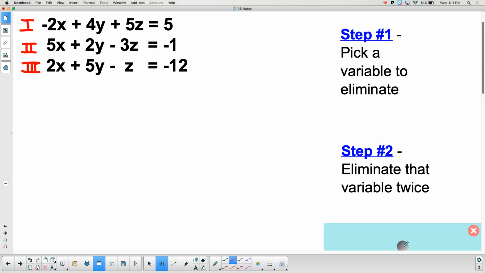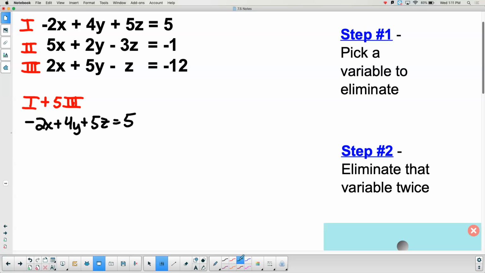So if we eliminate Z, then I would say we would take equation number 1 plus 5 times equation number 3. If I take equation number 1, that is negative 2x plus 4y plus 5z equals 5.